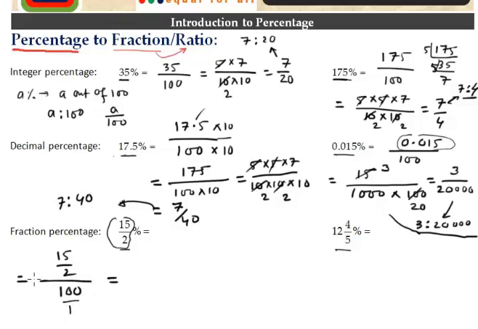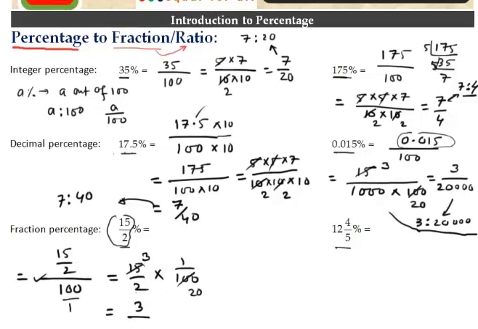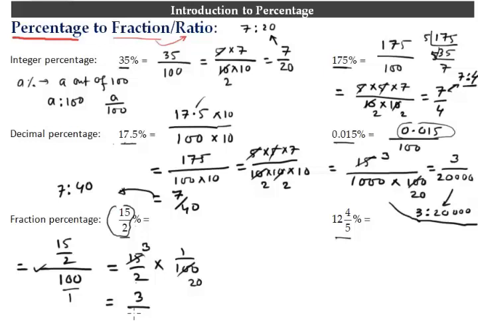So if we convert this division notation to multiplication, we will get 15 division 2 times 1 division 100. So now if we cancel 5 from here, we will get 3. If we cancel 5 from here, we will get 20. So we will get 3 division 2 times 20 is 40. So if we write in ratio notation, we will get 3 ratio 40. That is, this is the fraction value and this is the ratio notation.